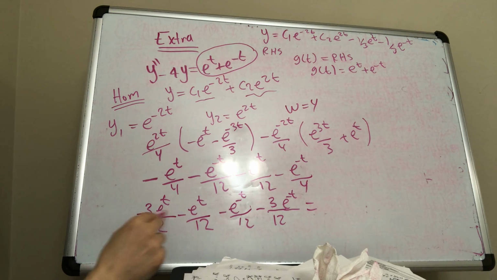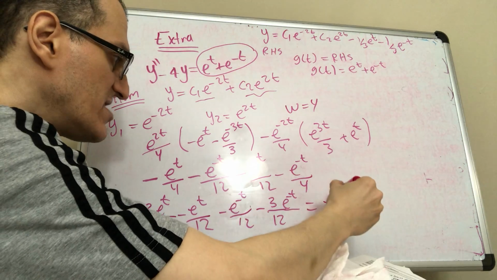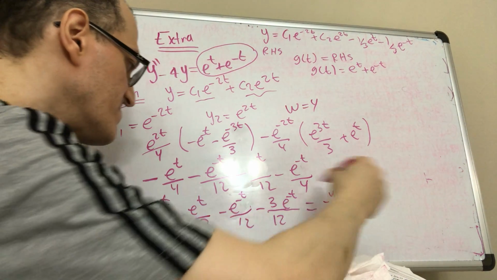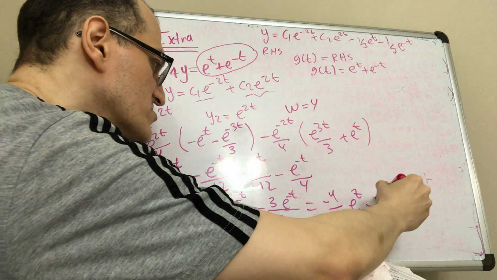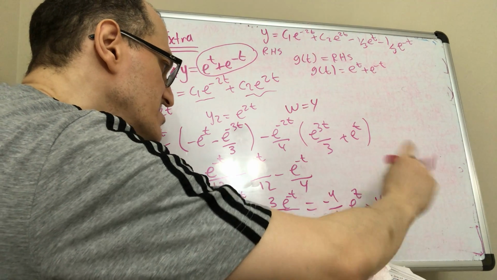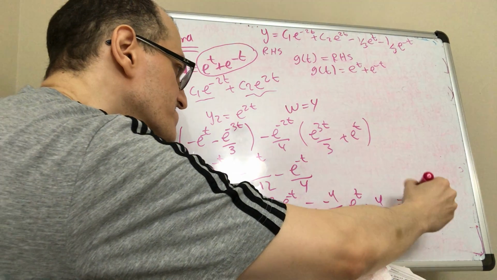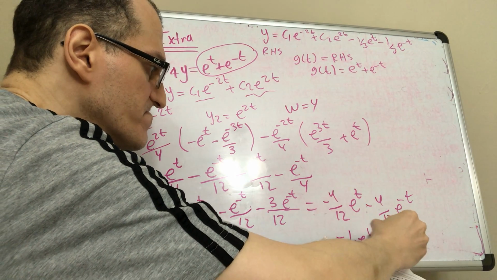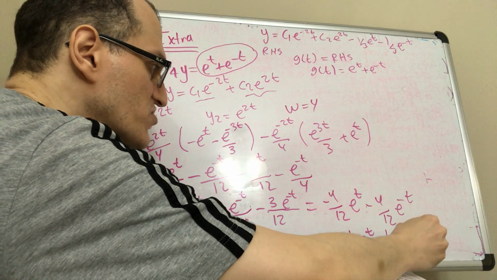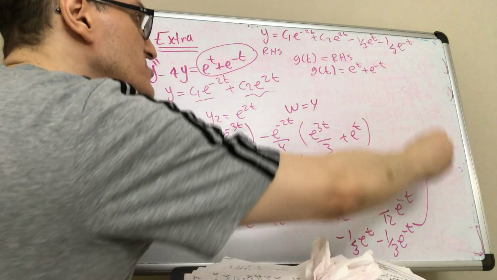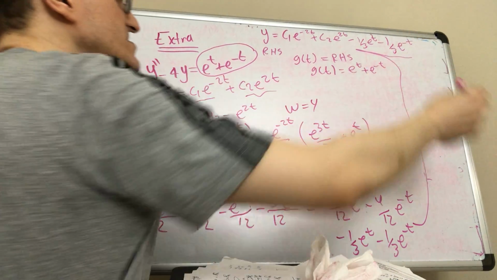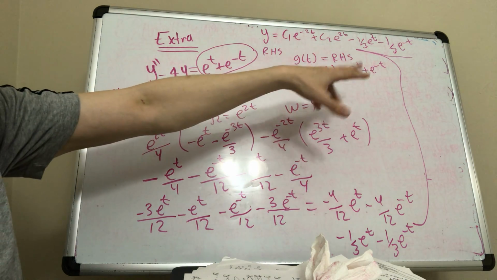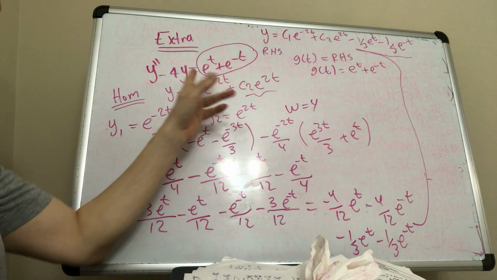If you do minus 3 minus 1 would be minus 4 over 12 e to the t. And this minus this, minus 4 over 12 e to the minus t. 4 over 12 is 1/3. And this is 1/3. And if you check, that's the same particular solution we found, so for the final answer, you take it and add it to the homogeneous.